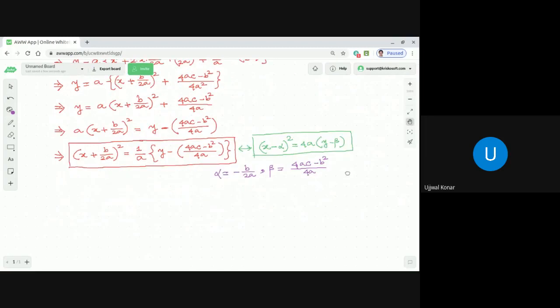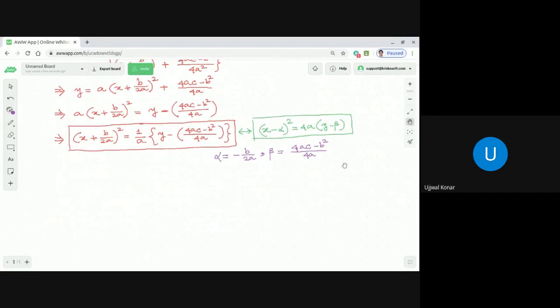So always remember this. You can also write down in your notebook that y equal to ax square plus bx plus c reduces to (x plus b by 2a) whole square is equal to 1 by a into (y minus (4ac minus b square) by 4a). You can write it like this in your notebook.